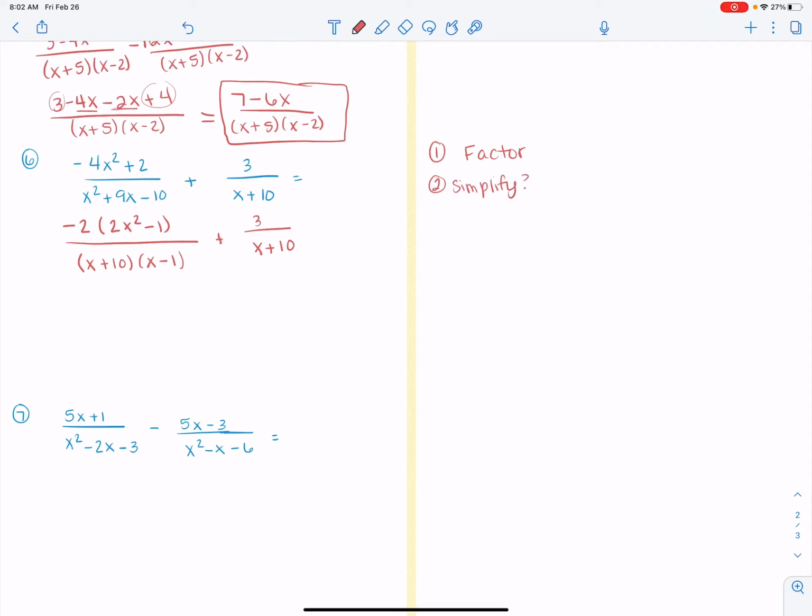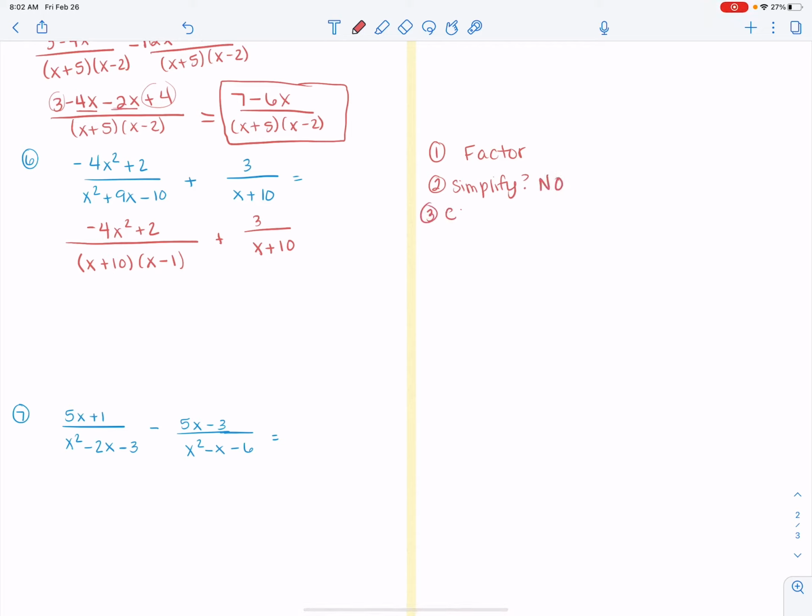Well, I would need this whole factor 2x squared minus 1 to be in the denominator, and it's not. So knowing that it can't simplify, it doesn't help me to keep it in factored form anymore. So I'm going to go back to negative 4x squared plus 2, because it doesn't help me to have it factored. But the denominator needs to stay factored. So no, I couldn't simplify.